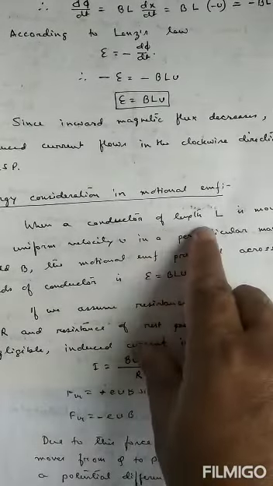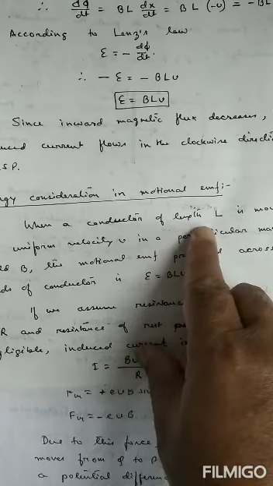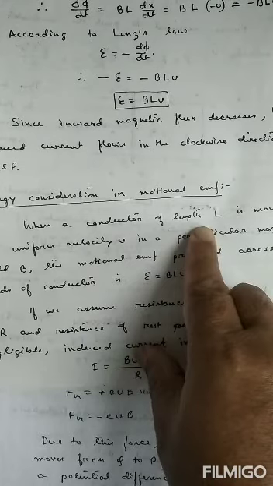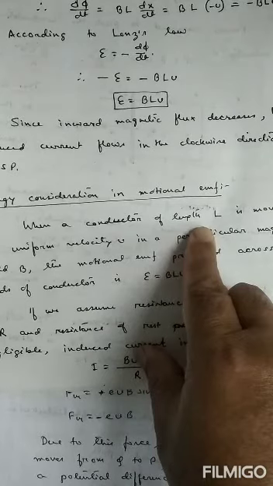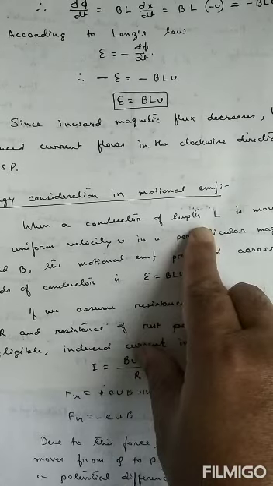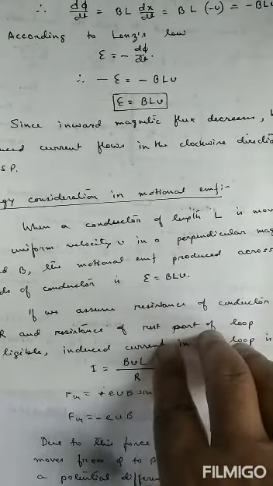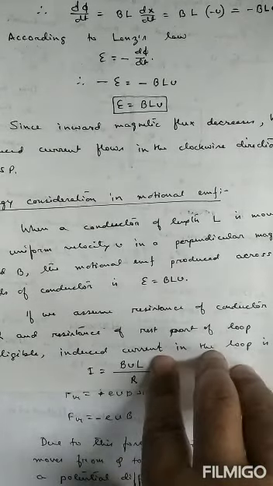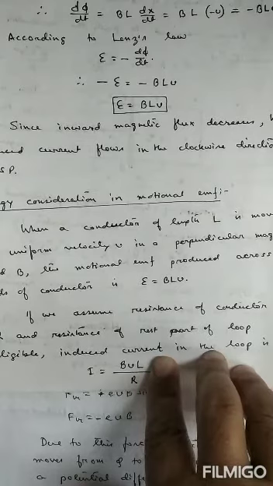When a conductor of length L moves in a uniform magnetic field which is placed perpendicular to the conductor, and the conductor moves perpendicular to its length, then across the two ends of the conductor an EMF is induced. That EMF is called Motional EMF.